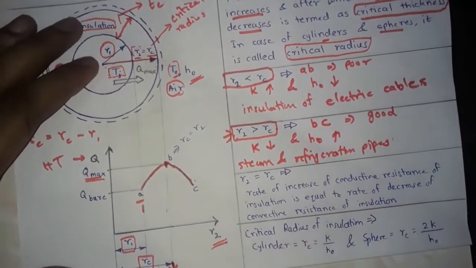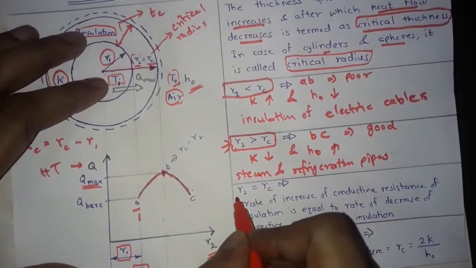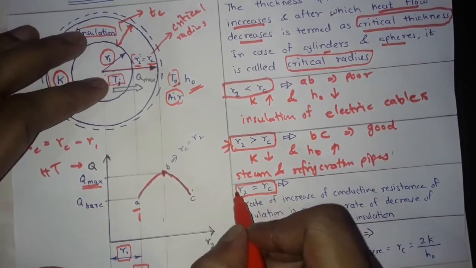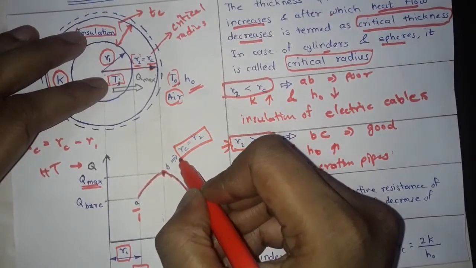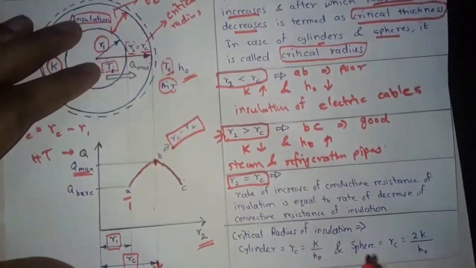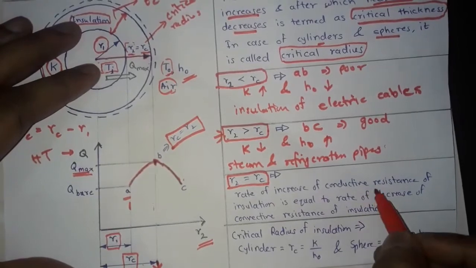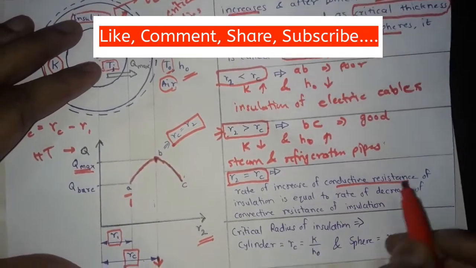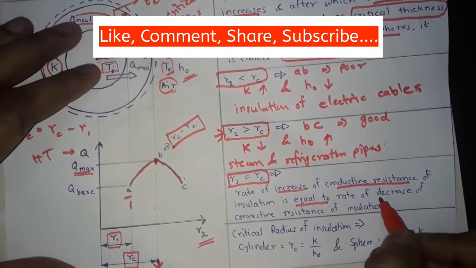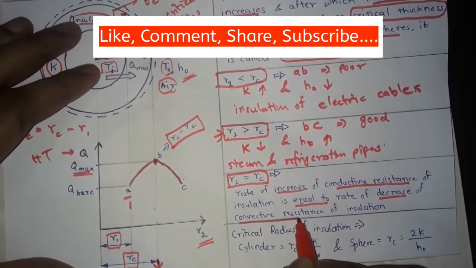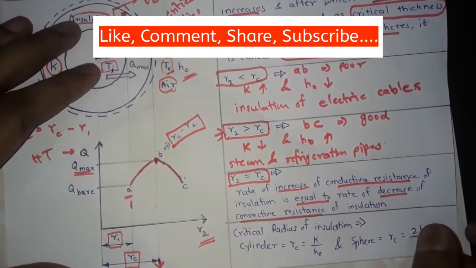Further, the case is r2 equal to rc, that is at point B. Here the rate of increase of conductive resistance of insulation is equal to the rate of decrease of convective resistance of insulation.